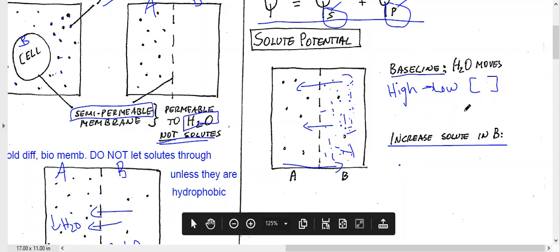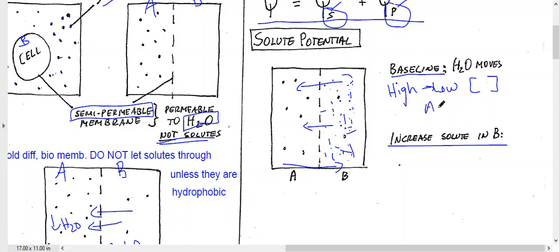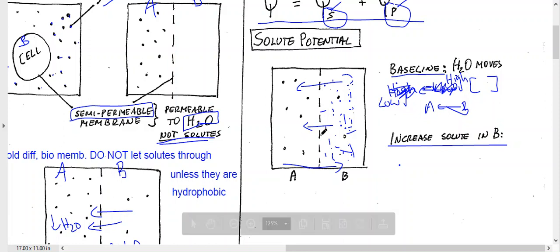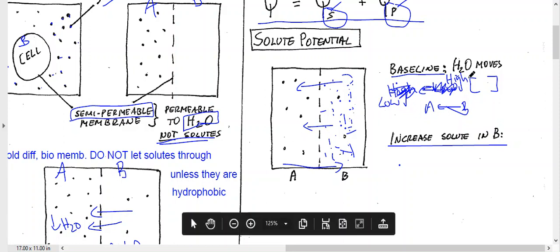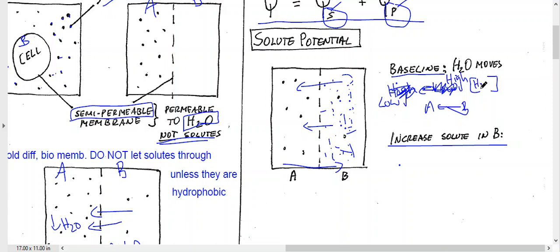Right, so in the baseline case, I guess this should have really said high, just to keep things consistent. It went from high on side B to side A, from high water concentration to low water concentration.